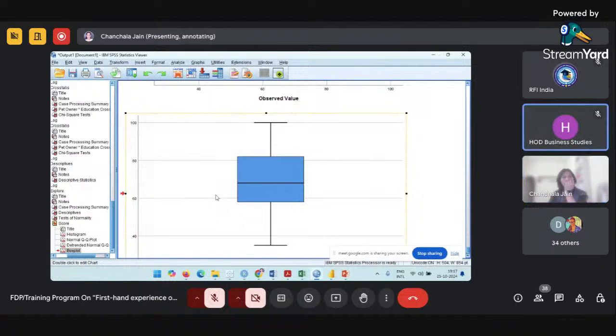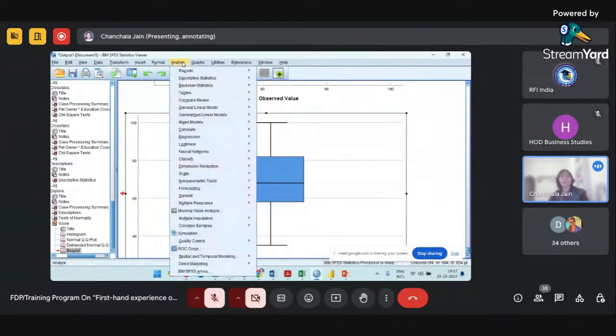Yes, ma'am. So that means we have seen all the assumptions and we have come to the conclusion that all the assumptions are met by our data. That means now we can apply the one sample t-test, right? So we will go to Analyze now to apply the one sample t-test.